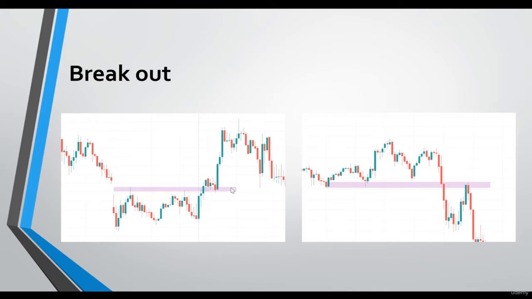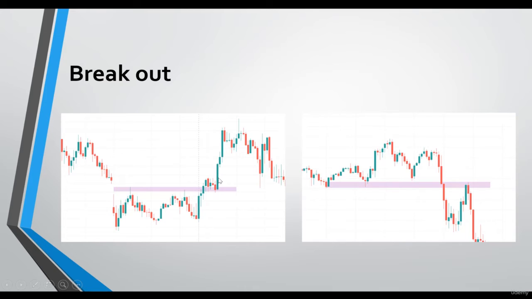Anyway, you can see here that we had a kind of breakout. Breakout means the price can pass this zone to another direction. So you can see in the previous parts, we had a bearish trend, again another bearish one, and then we had breakout and a change in the trend.